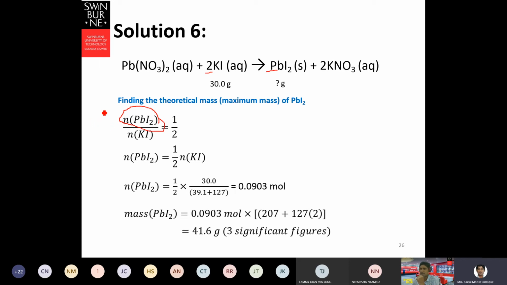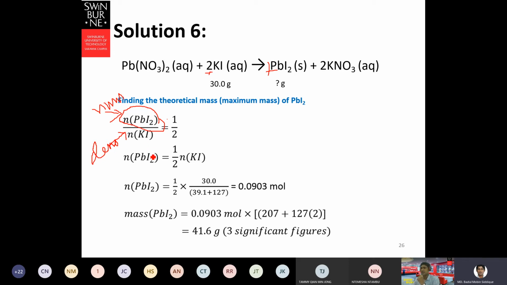Since we are looking for lead iodide, its number of moles is on the numerator, and the number of moles of potassium iodide that we know already is the denominator. The ratio is 1 to 2, giving how many moles of lead iodide will be produced.